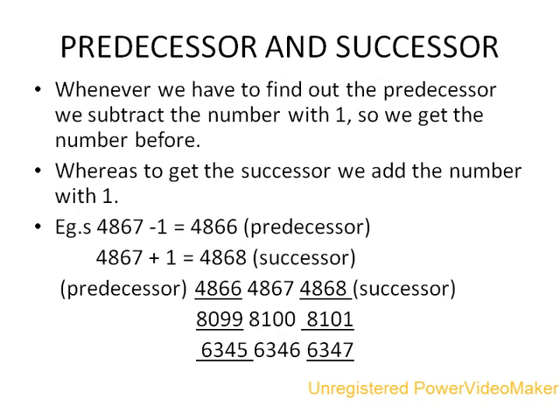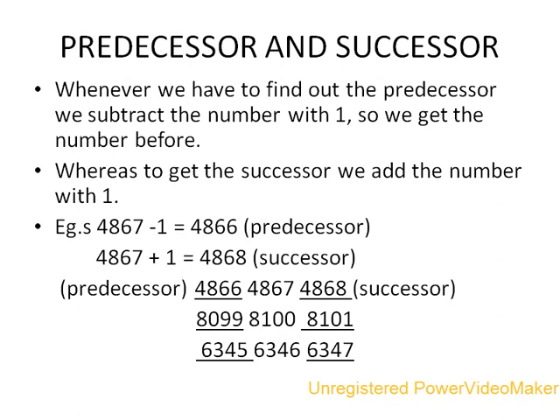Like I have taken the 4-digit number 4867. When I subtract 1, I get 4866, which is the predecessor of 4867. And if I add 1 to 4867, I will get 4868, which is the successor of 4867.